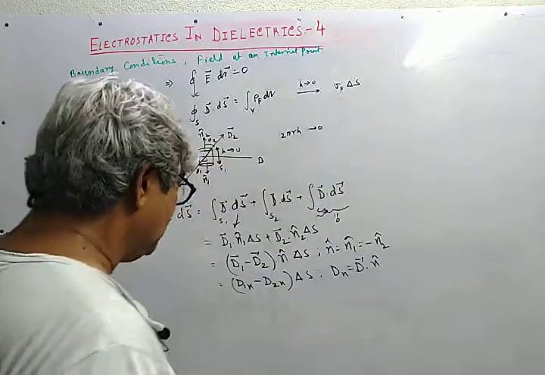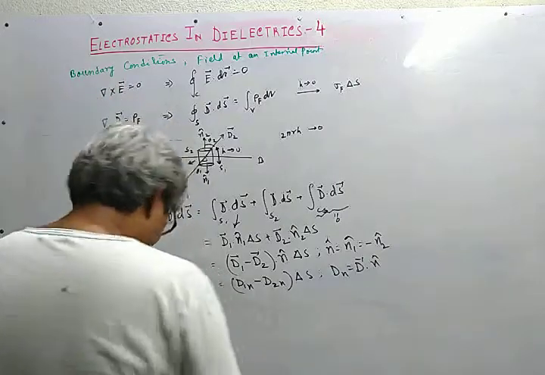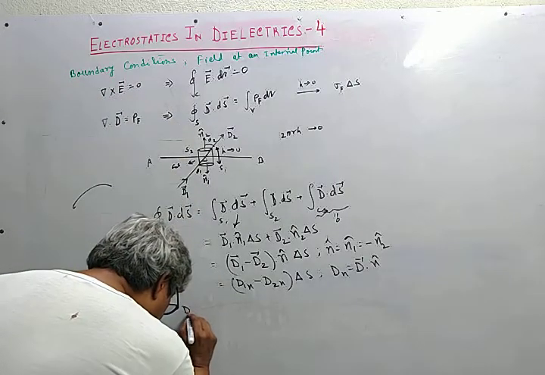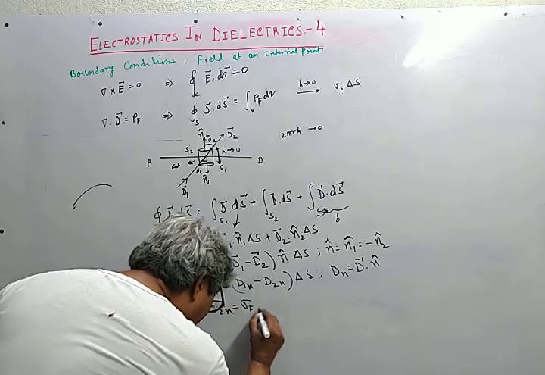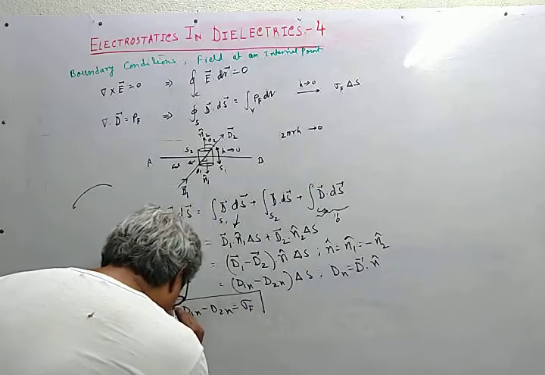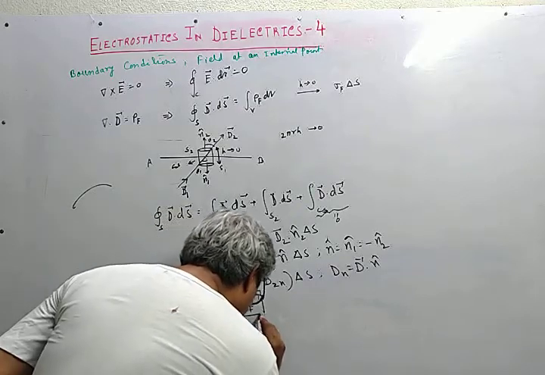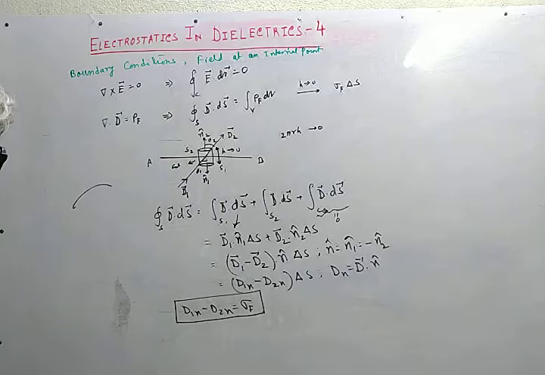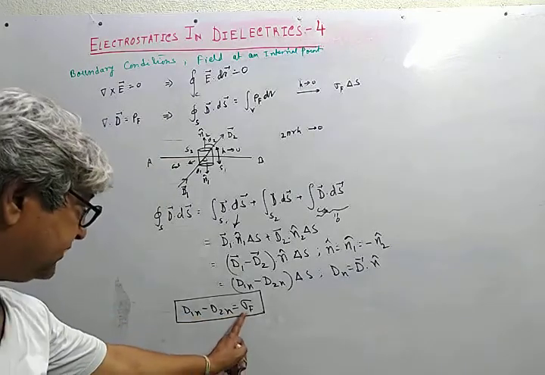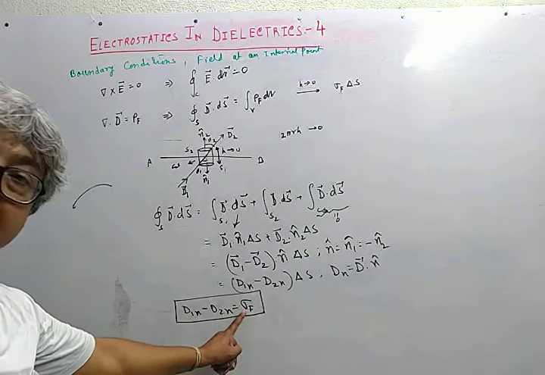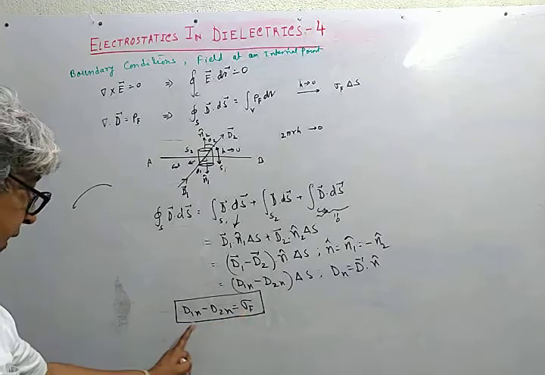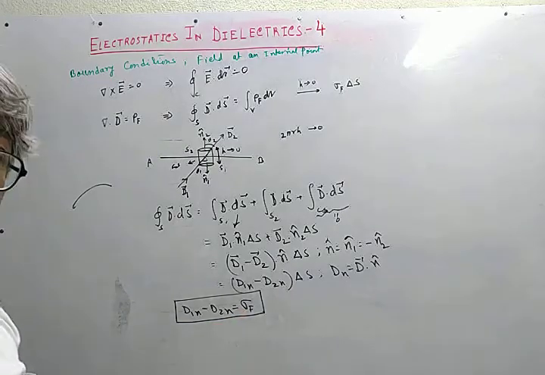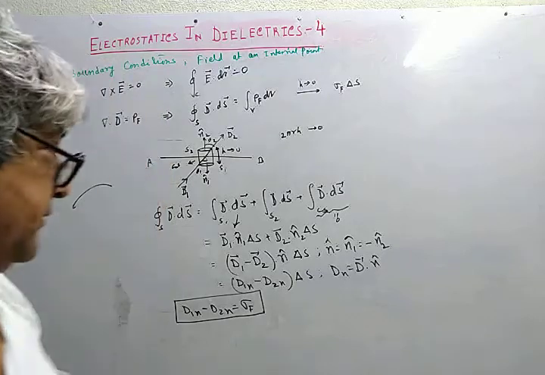So we write that D1n minus D2n is equal to sigma f. This is the boundary condition relating the normal components of the electric displacement across a boundary. If there is no free charge, note that it is the surface density of free charge, then D1n is equal to D2n, that is, they are continuous.